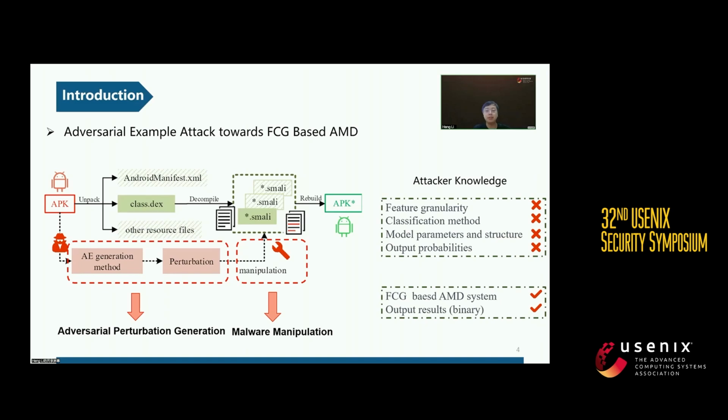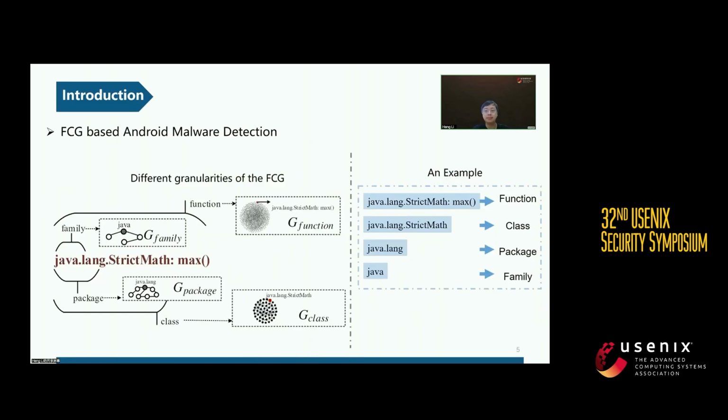In our work, the adversary only knows that the target system uses FCG features for malware detection. However, the adversary doesn't know the feature granularity and the graph embedding method used by the target system. Moreover, the adversary has no information about the architecture, the parameters, and the output probability of the target classifier.